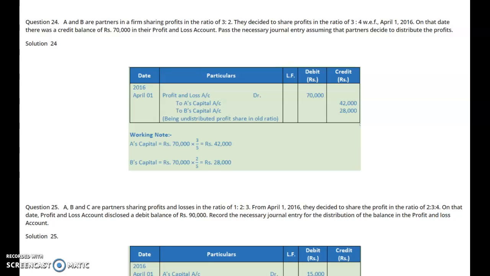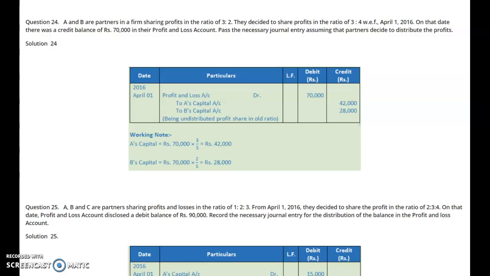So 70,000 will be distributed in the ratio 3:2 to the partners A and B. A will have 3/5 of 70,000, that is 42,000. B will have 2/5 of 70,000, that is 28,000. So these amounts will be credited to them and the journal entry will be recorded: Profit and Loss Account debit, to A's Capital and B's Capital with 42,000 and 28,000.